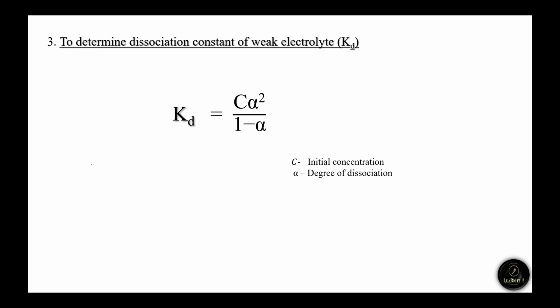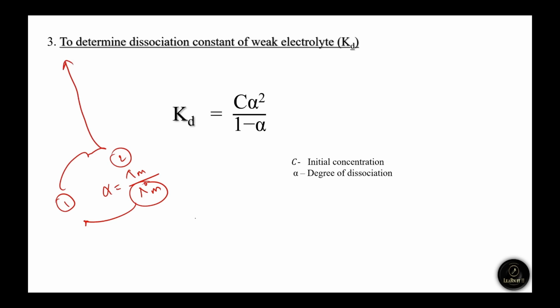So we already know that alpha is calculated in the second application of Kohlrausch law, that is lambda m divided by lambda naught m, but lambda naught m is calculated in the first application of Kohlrausch law. So all are connected, 1, 2 and 3. So if we calculate the lambda naught m, we can calculate the alpha. By that we can calculate the Kd.